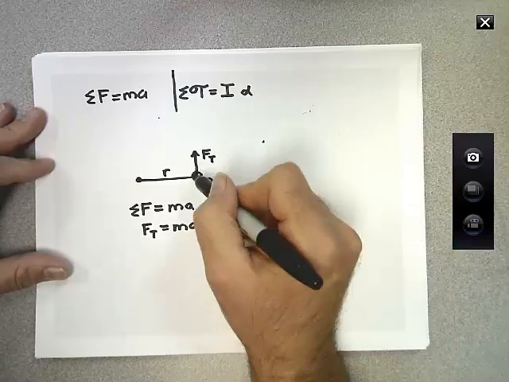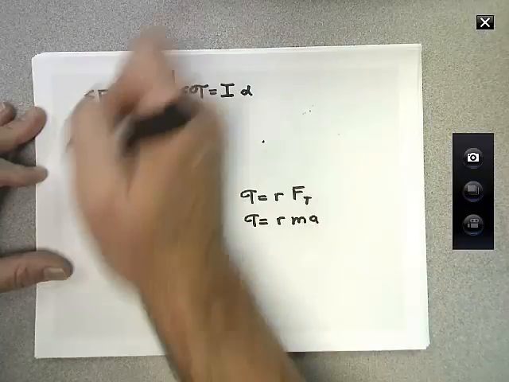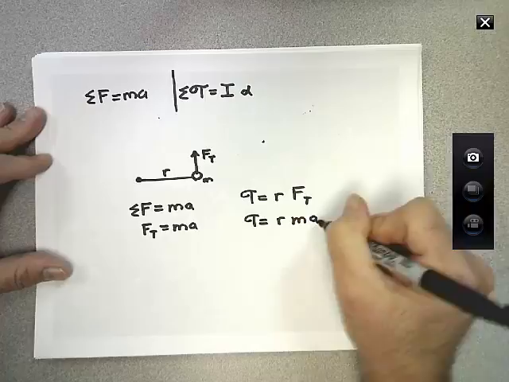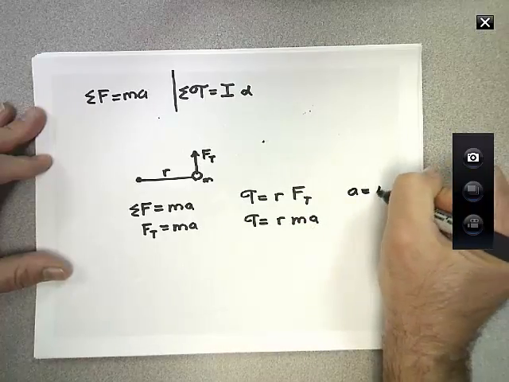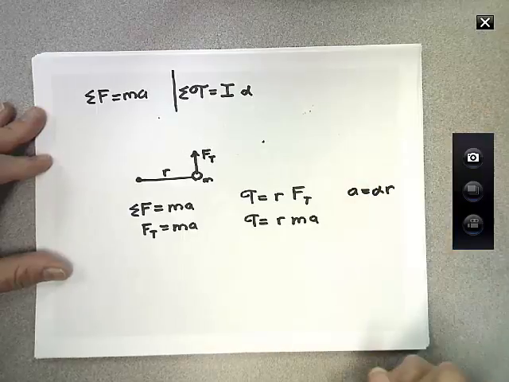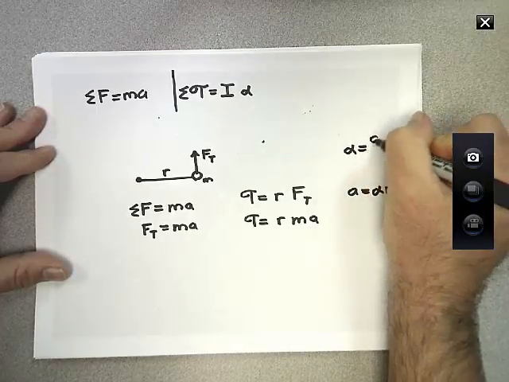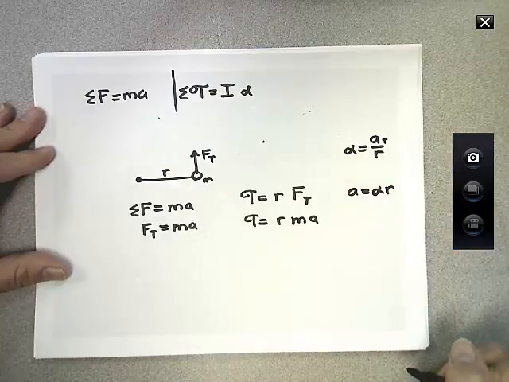And if this torque creates a rotational acceleration, an acceleration in this direction, we can think of this as being acceleration equals alpha times r, because by the definition of radian measure, we know that alpha equals a over r, where a is a tangential acceleration.